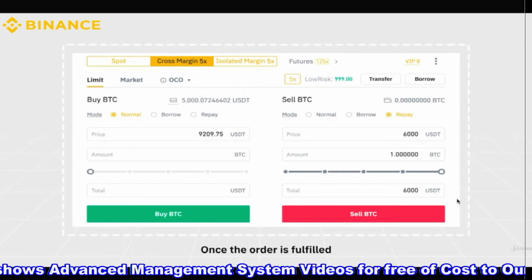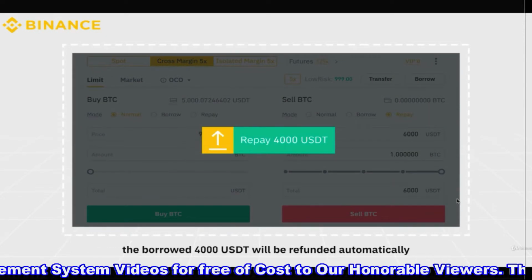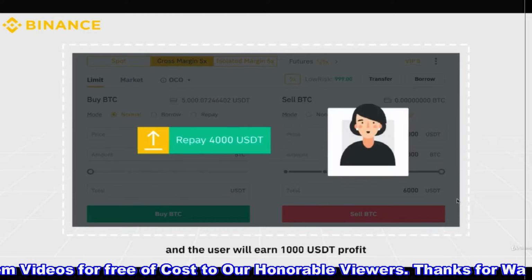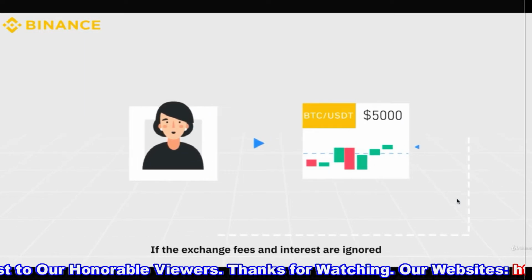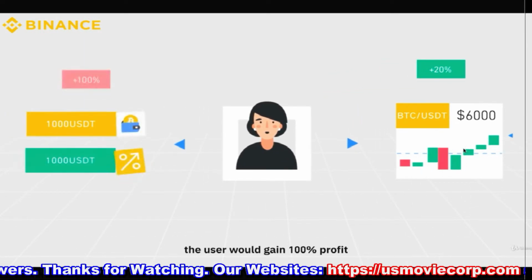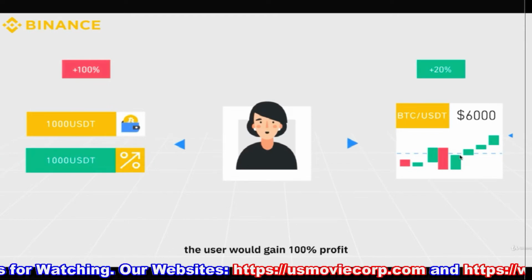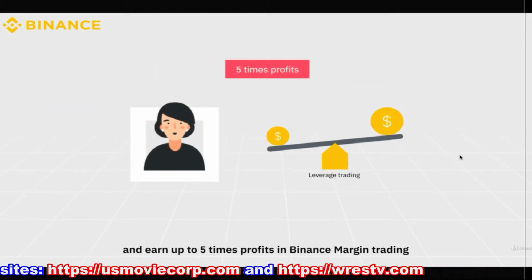Once the order is fulfilled, the borrowed 4000 USDT will be refunded automatically, and the user will earn 1000 USDT profit. If the exchange fees and interest are ignored, in this case, the user would gain 100% profit and earn up to 5 times profits in Binance margin trading.